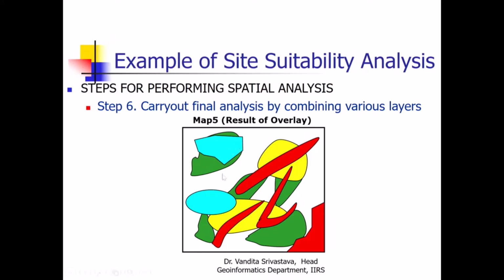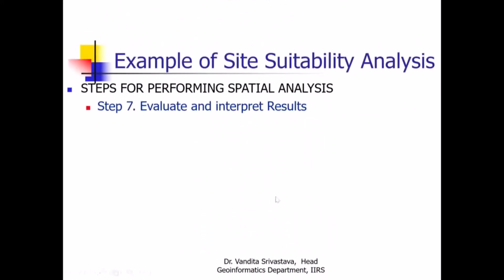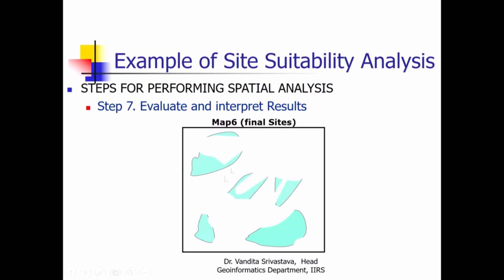It is these visible green areas which satisfy all the conditions, because this area cannot be logged. It is affecting the water quality, this is affecting the sensitive habitat, this is affecting the steep slopes, so the soil erosion. So the visible greens are the portions that satisfy all the criteria from where I can finally log my trees without harming the environment based upon the criteria that I have set. So this is how the final sites look.